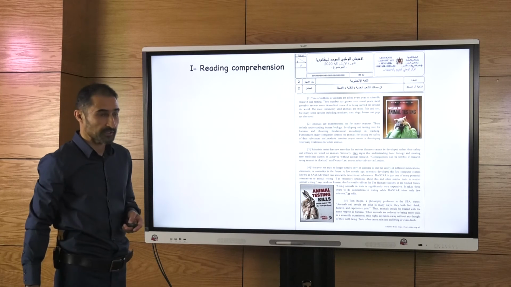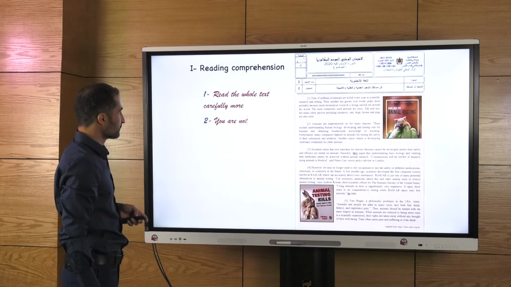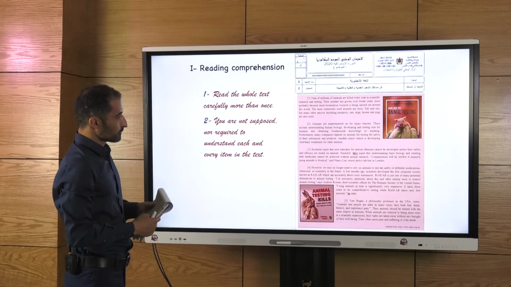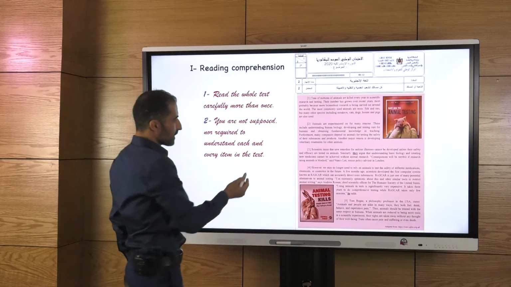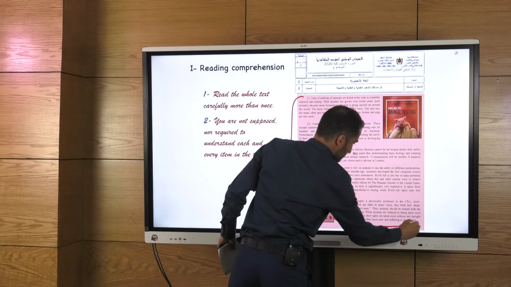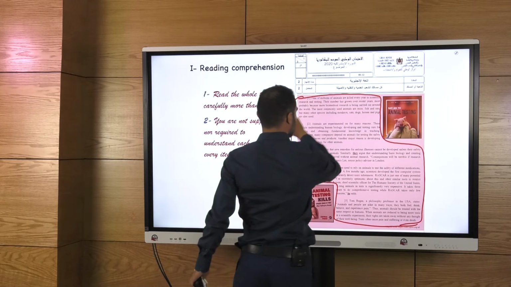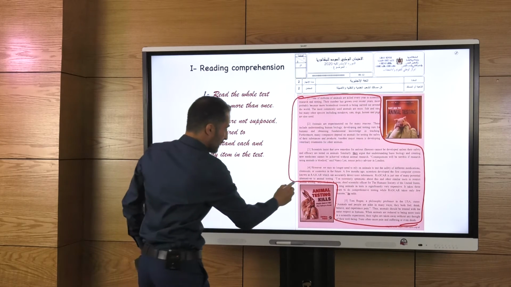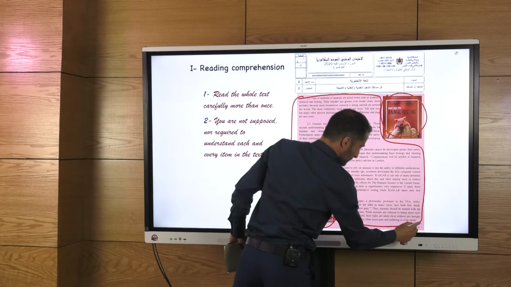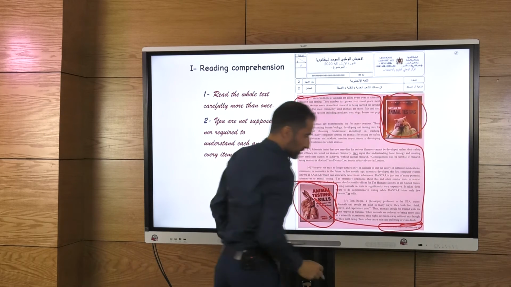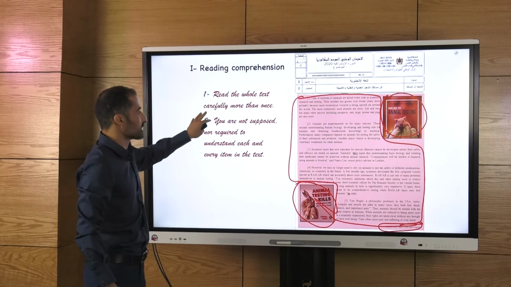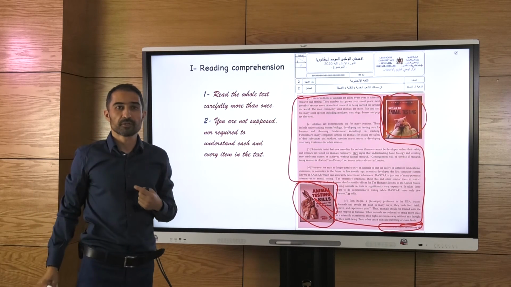Okay, so now let's move to practical things. A lot of students think that reading comprehension is reading a text, which is this. This is the text. They forget about textual clues, like for example, pictures and the references. So what you are supposed to do is to read the whole text carefully and more than once.